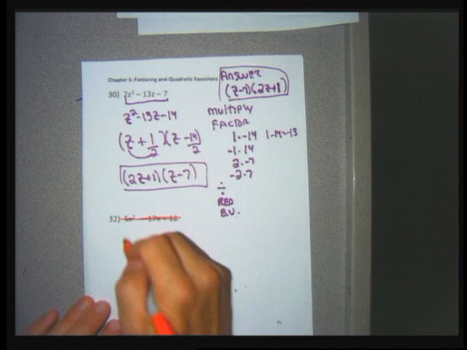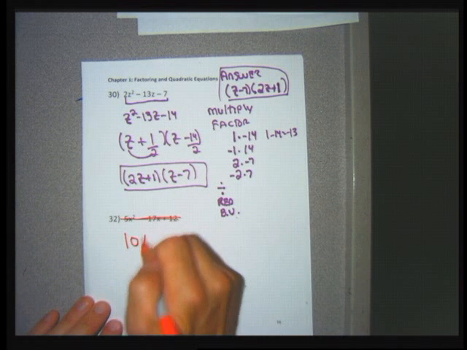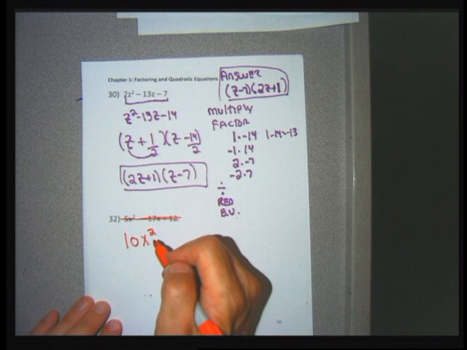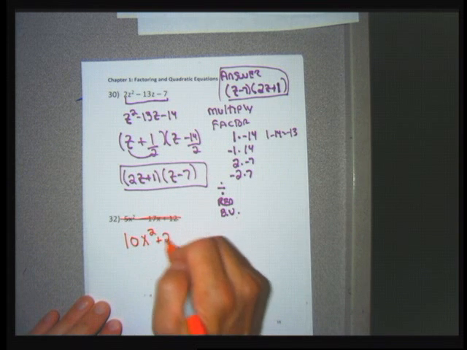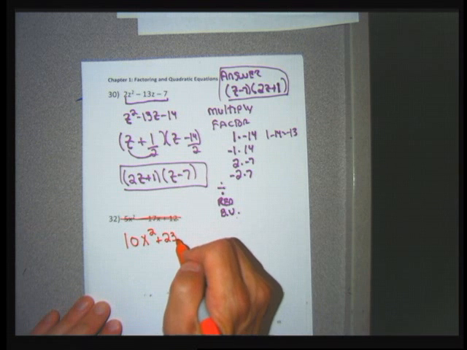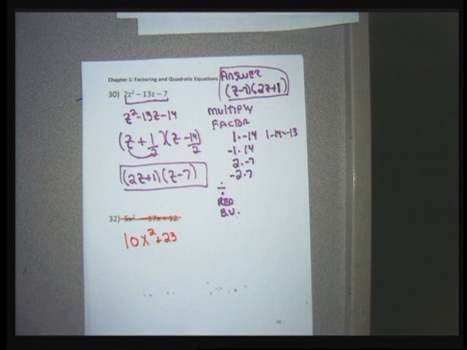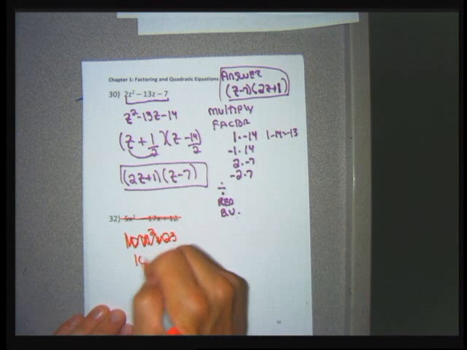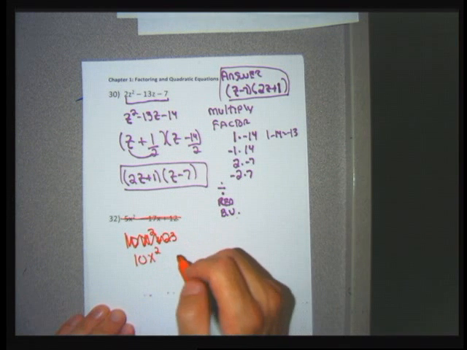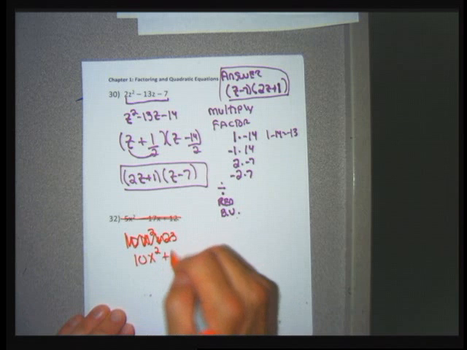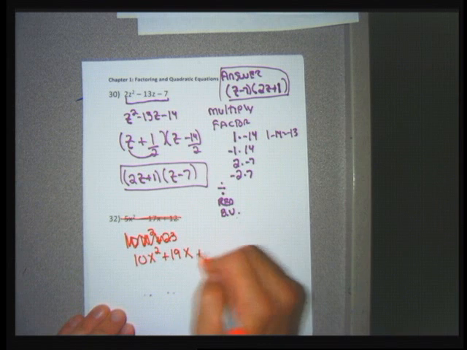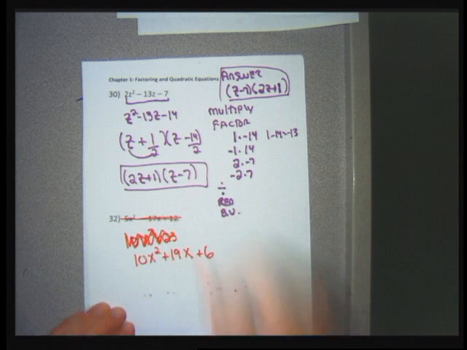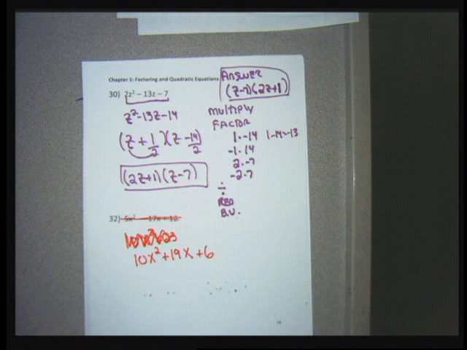How about 10x squared plus 23, oh, it's getting too big. Hold on. 10x squared plus 19x plus 6. That's a nice one.